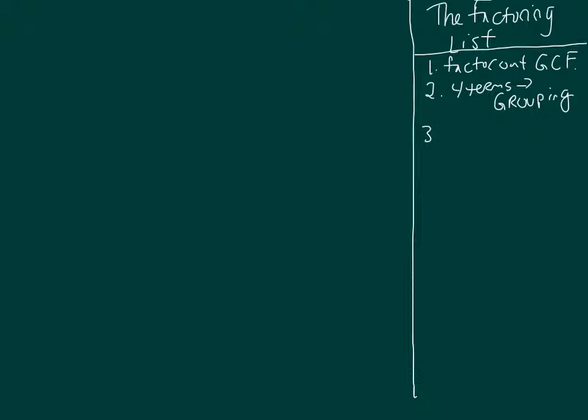If we have a trinomial of the form x squared plus ax plus b, where there's no number in front of x squared, well, we know there's a 1 there, but there's no number that's visible, then we're going to write x and x in parentheses and fill in the blanks.